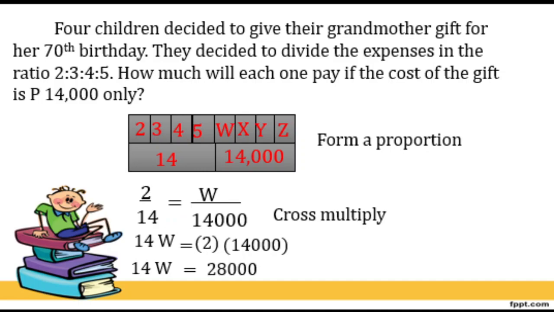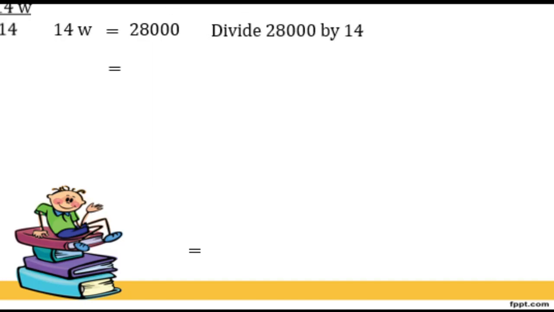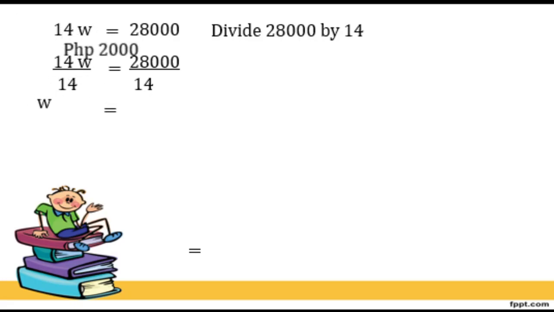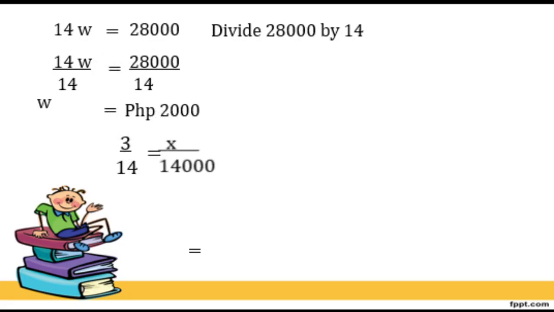And then divide both terms by 14. So rewrite it again, 14W is equal to 28,000. So W is equal to 2,000 pesos.